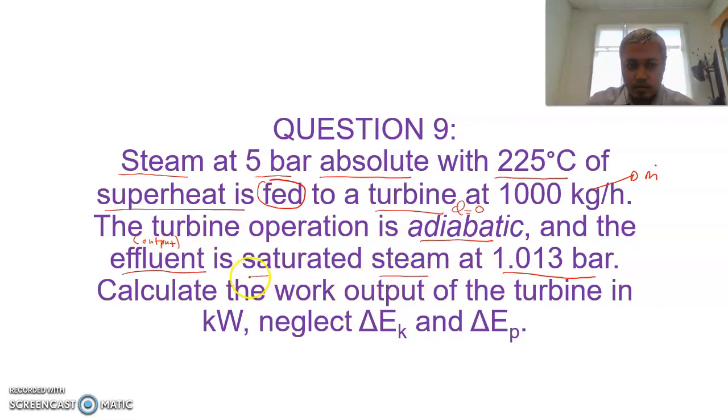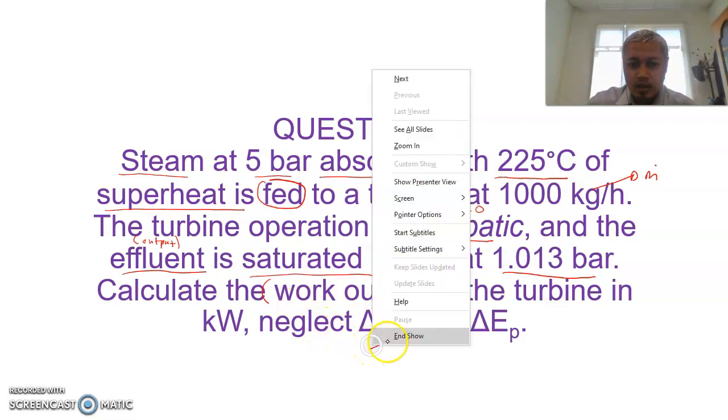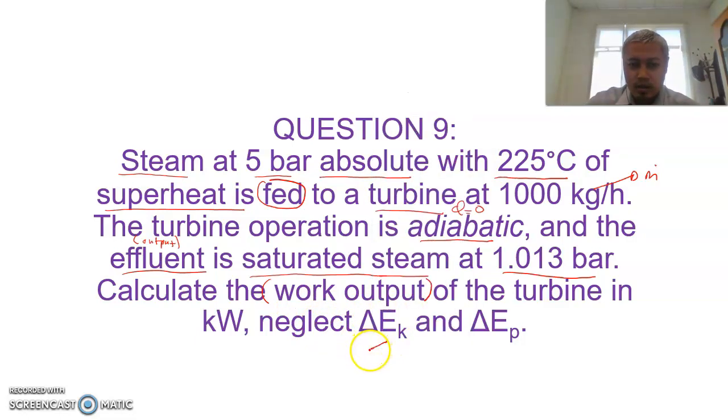Saturated steam is very important. Calculate the work output. We need to find the work output, by neglecting delta EK, which is delta EK equals 0, delta EP equals 0. So let's look at the solution.